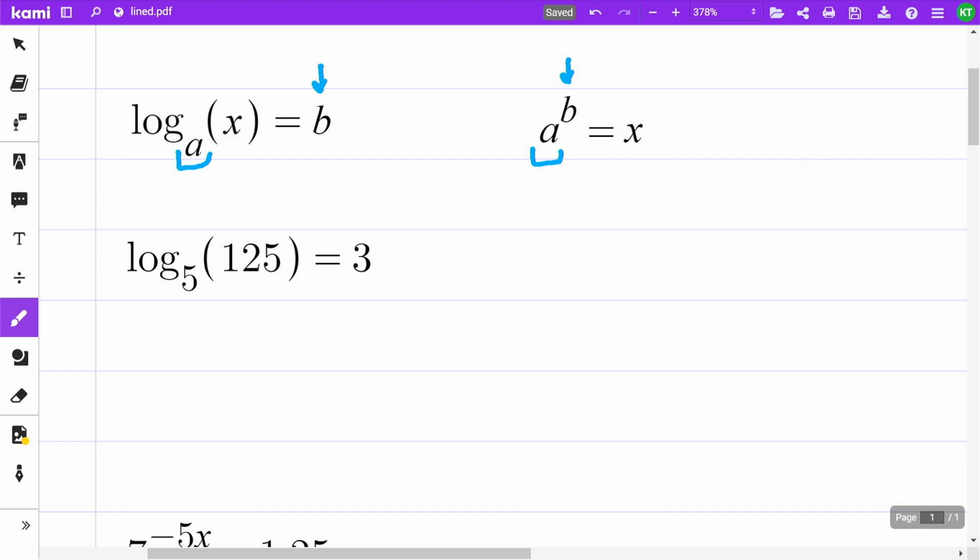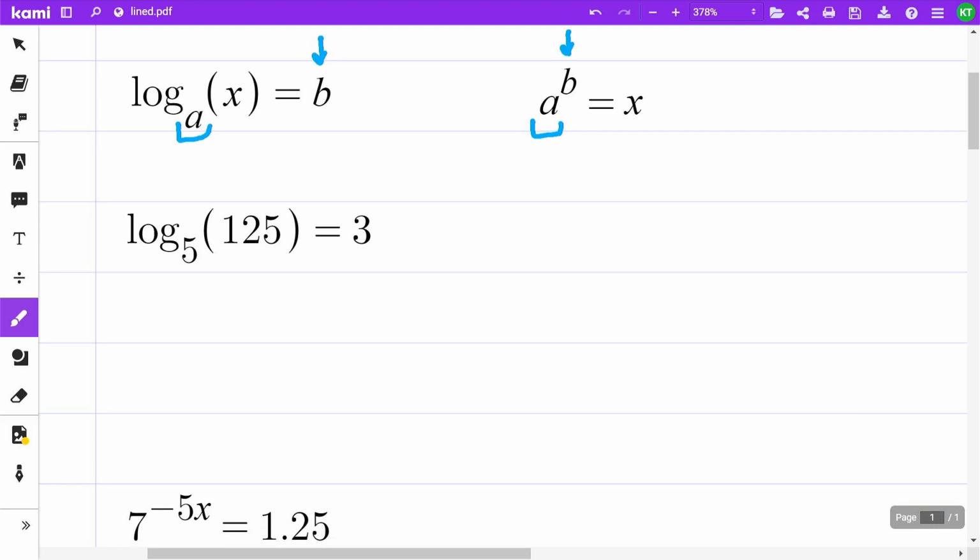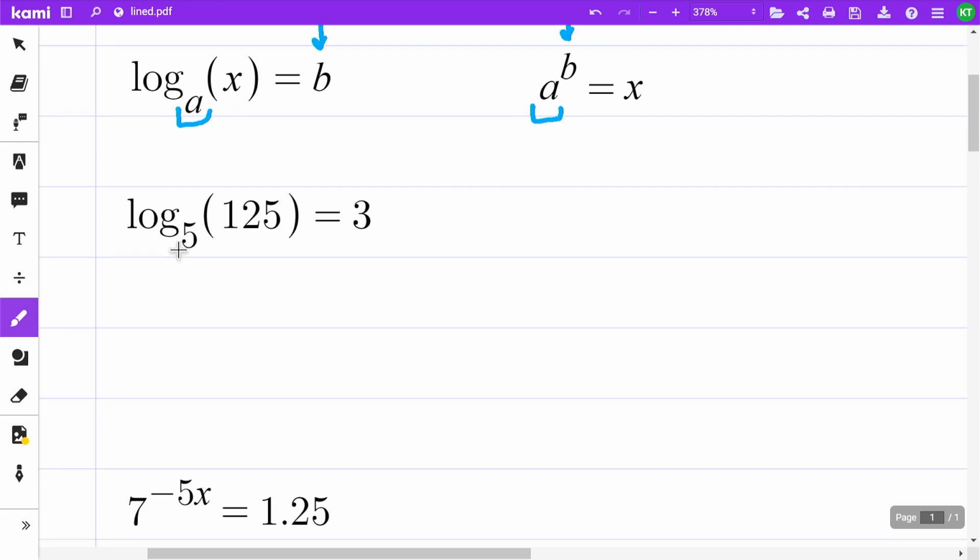And in this example below, we're just going to go ahead and convert this from log to exponential form. So in our example, we have log base 5 of 125 is equal to 3. And I'm going to write this now into exponential form to make sure that this works. So I'm going to take my 5 here.